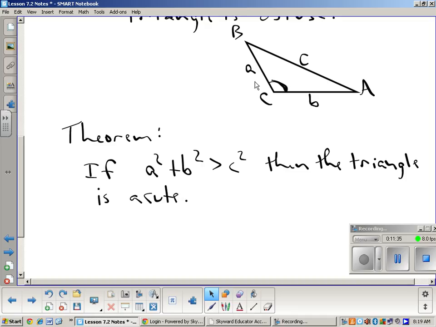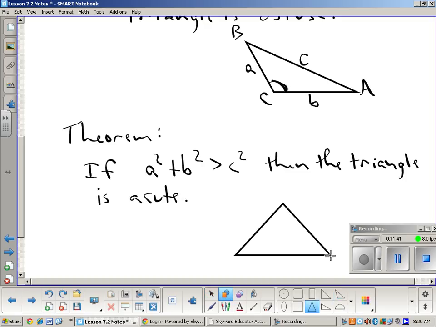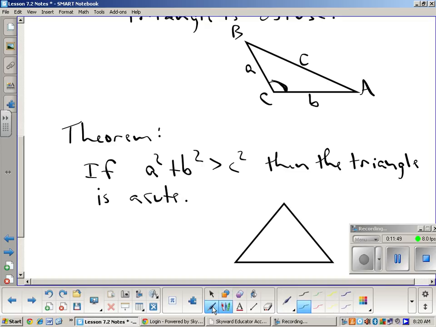Let me just draw one like this. So in this situation, all three angles are less than 90 degrees. And the square of the longest side is less than the sum of the squares of the other two sides. Okay? So that's how that looks.